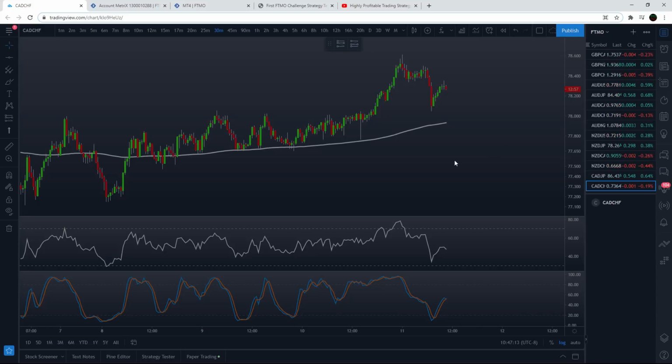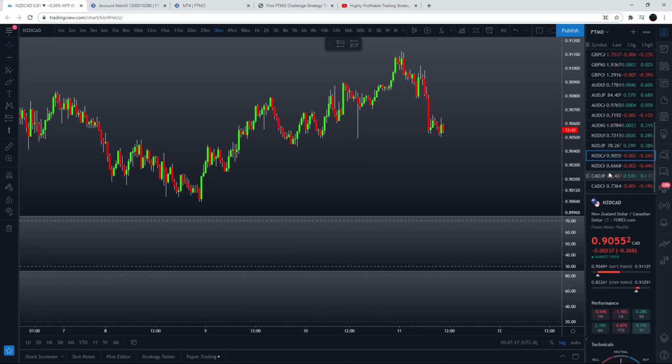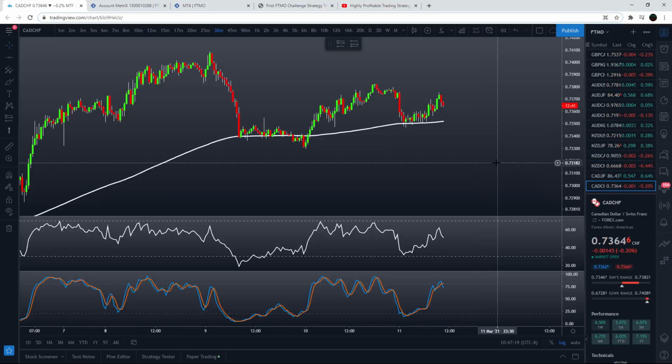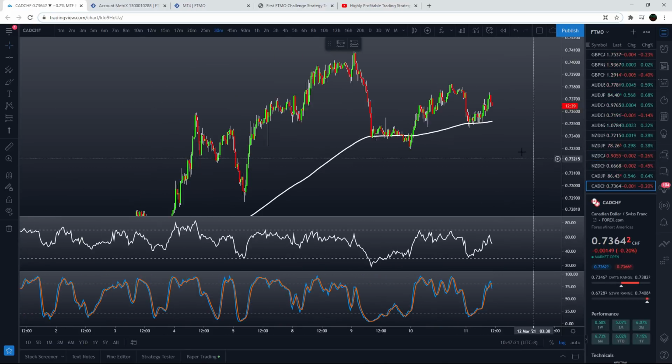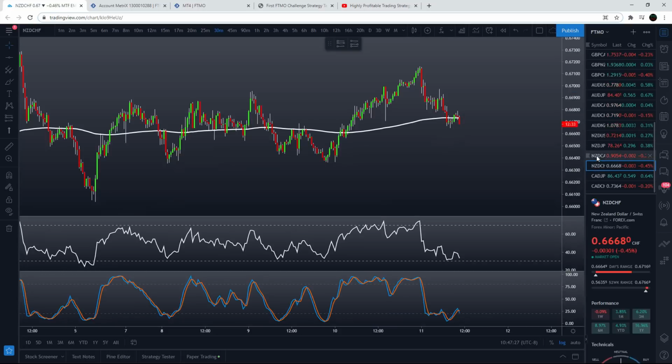Oh, my price data is not loading. Oh, that was odd. Okay, so yeah, not a good opportunity, not a good opportunity.